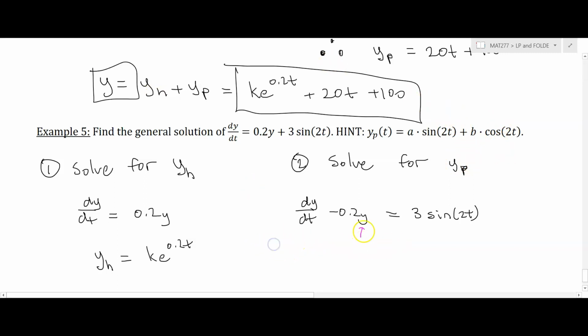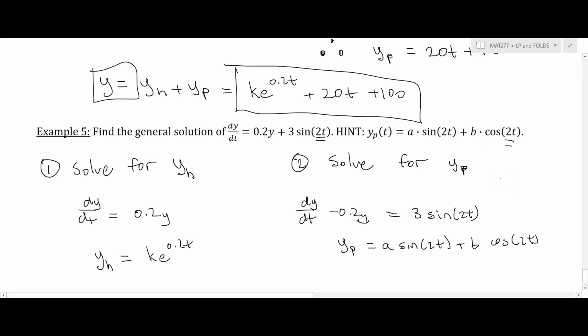So let's take the advice here, and set y sub p to be a sine of 2t plus b cosine of 2t. Now notice that we're taking cosine of 2t because that's part of our argument in the sine function. If we did sine of 3t, then that wouldn't work because sine of 3t can't equal sine of 2t.